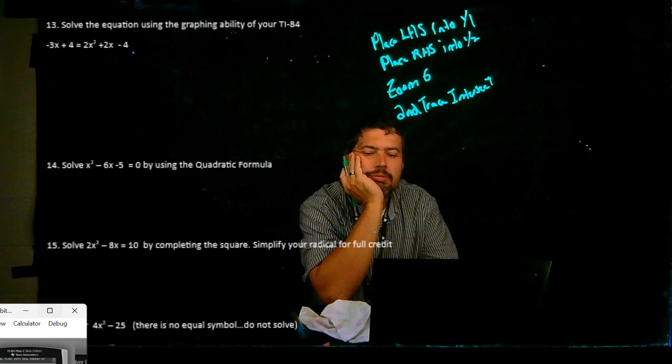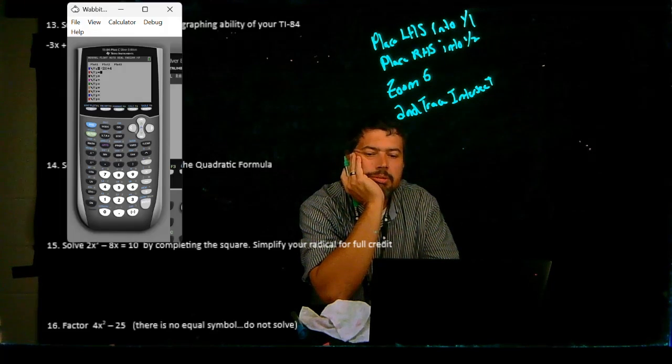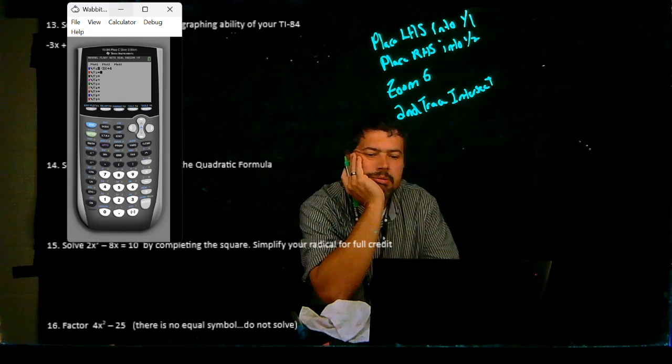Negative 3x plus 4. What's the other one? 2x squared plus 2x minus 4. Come back here. Okay, there she is.